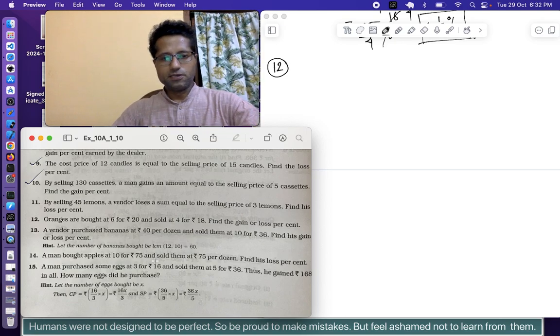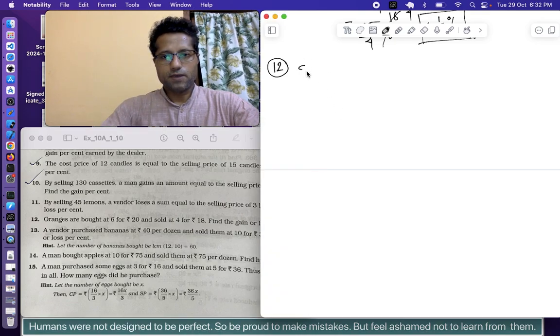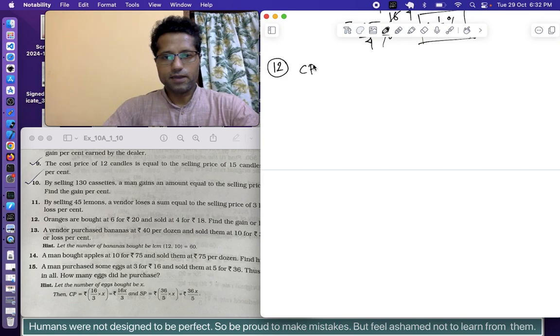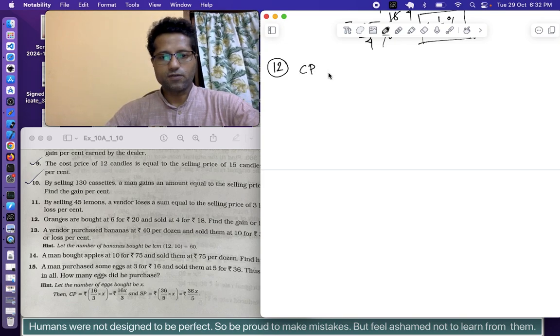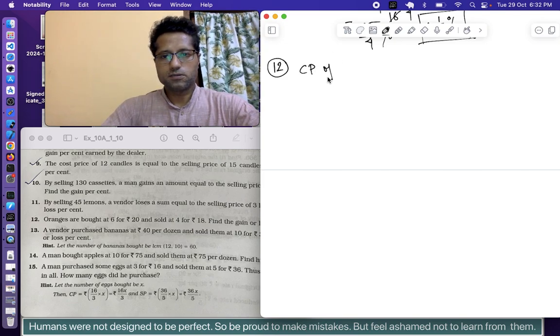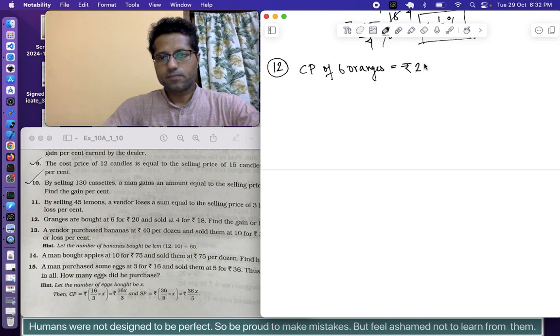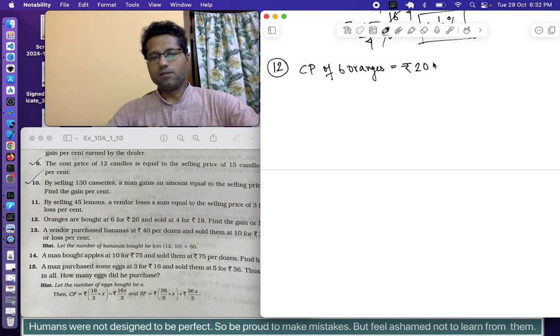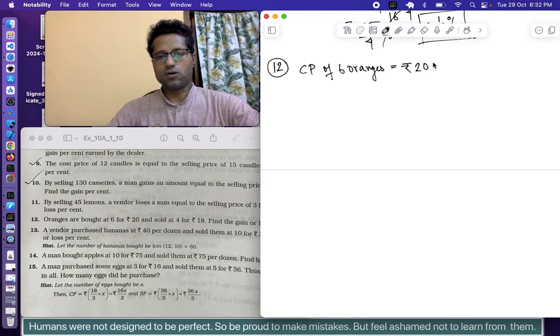In this problem, it is given that oranges are bought at 6 for rupees 20. So the cost price of 6 oranges is equal to rupees 20. The number of articles used to find the cost price and selling price has to be the same.